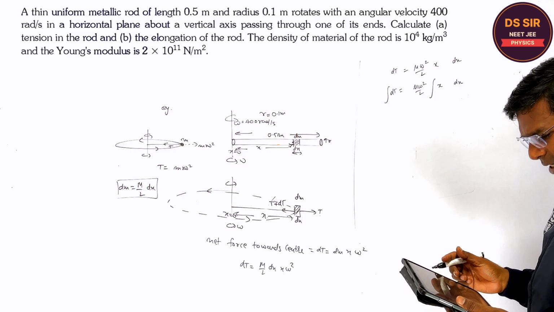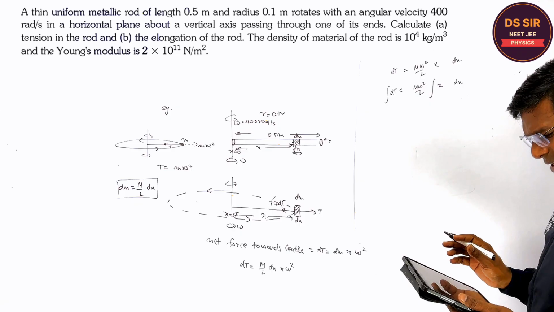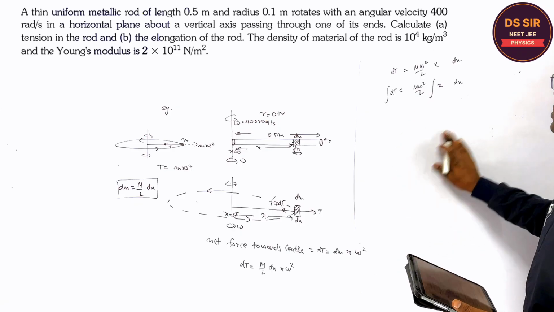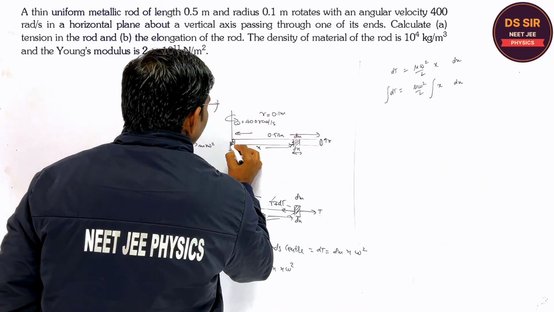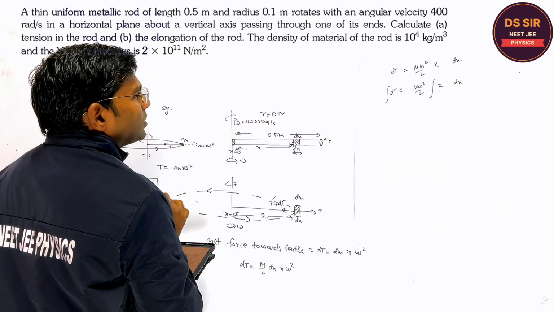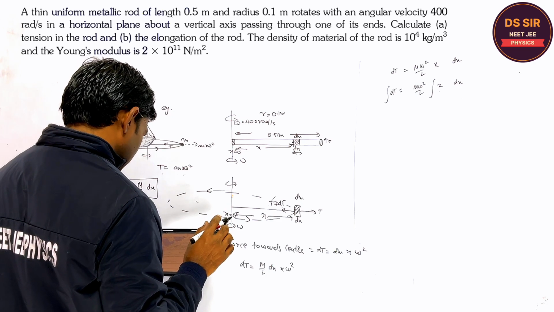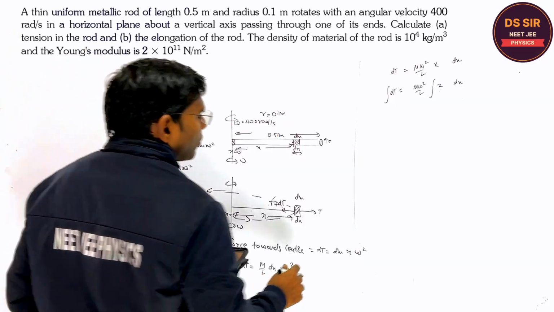So what is the tension written? dm r omega square, dr. At this point the tension will be maximum, from r to L.